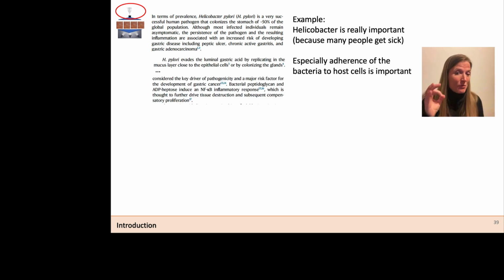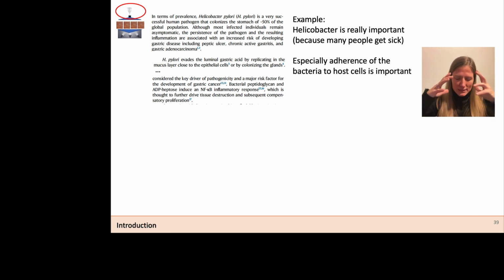Now I need to tell you, because this paper is about the adherence of the bacteria to host cells, that this is really important. So Helicobacter evades the luminal gastric acid by replicating in the mucous layer close to the epithelial layer, or by colonizing the glands.